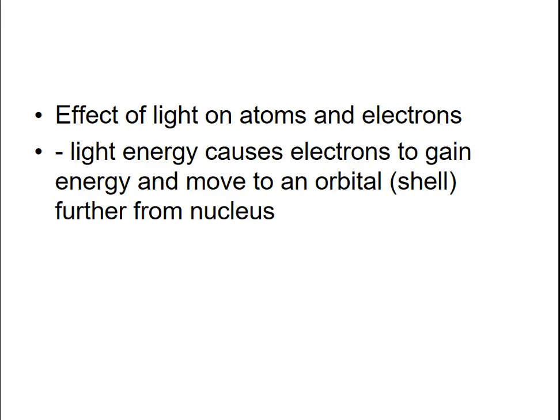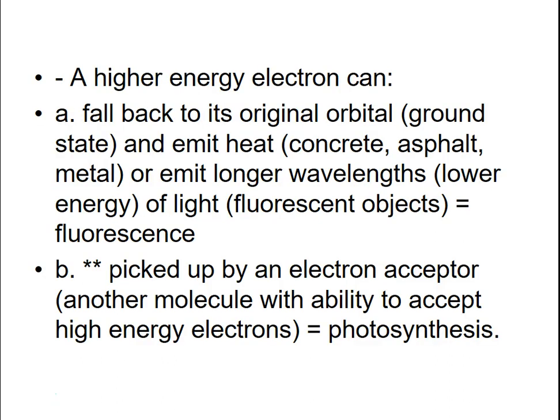There's more energy involved. Same way, when these electrons gain energy, they're going to get to moving faster and faster, and they're going to move to orbits further out from the nucleus. It requires more energy to maintain that orbit further out from the nucleus.